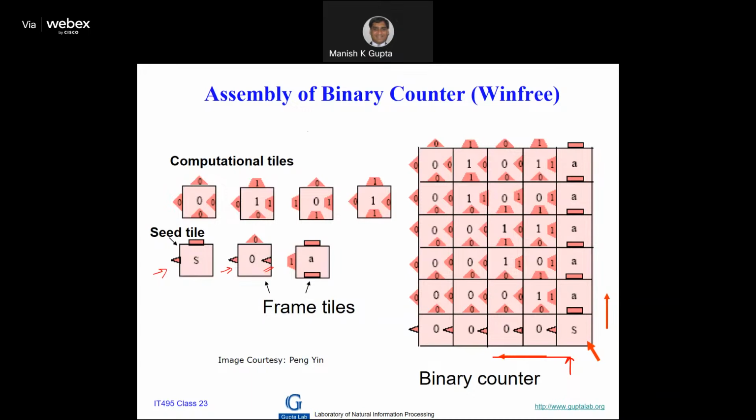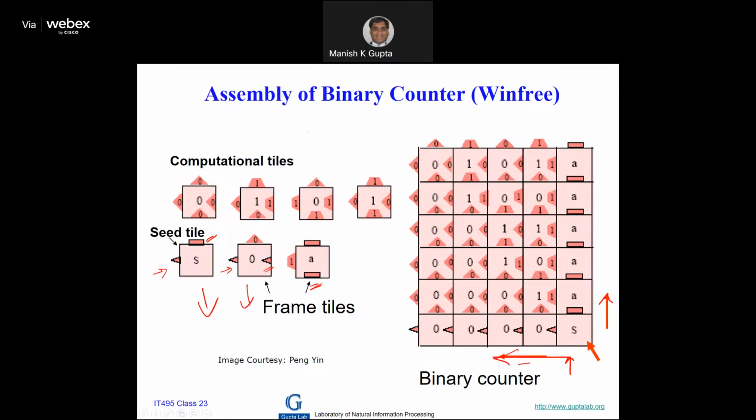System temperature is 2, so this will grow in this direction. Nothing will grow on this side and this side because there is no function there, right? So this will grow in this direction. Similarly, this will grow in this direction. S, and then A will attach because this rectangle and this rectangle are the same, right? They will combine and then grow. So this frame will be built first.